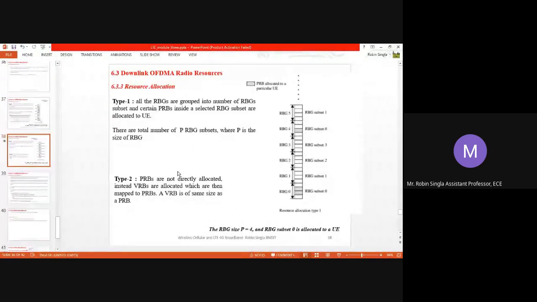Next is type 1. In this, RBGs are grouped into RBG subsets. All RBGs are grouped into a number of RBG subsets, and certain PRBs inside a selected RBG subset are allocated to the UE.